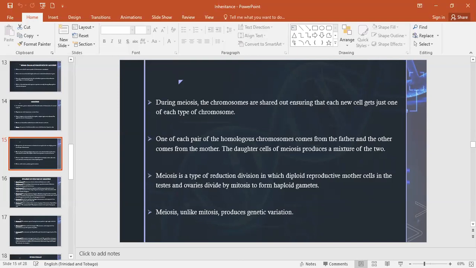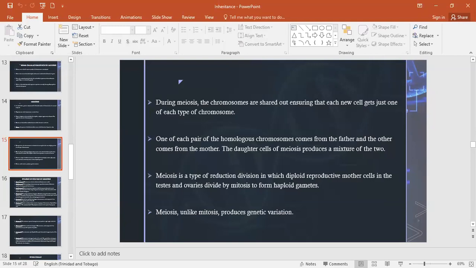But it's actually normal cells, like 46 chromosome cells, that divide first to make your gametes. So it's actually cells with 46 chromosomes that divide in order to form gametes, or sex cells, with 23 chromosomes.